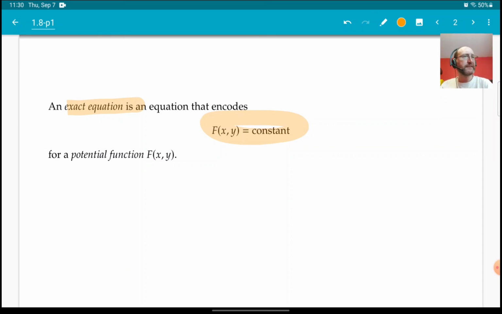So basically, for different constants, if I plug in some constant, I get some implicit solution, right? That's basically what we want to encode by exact equations.